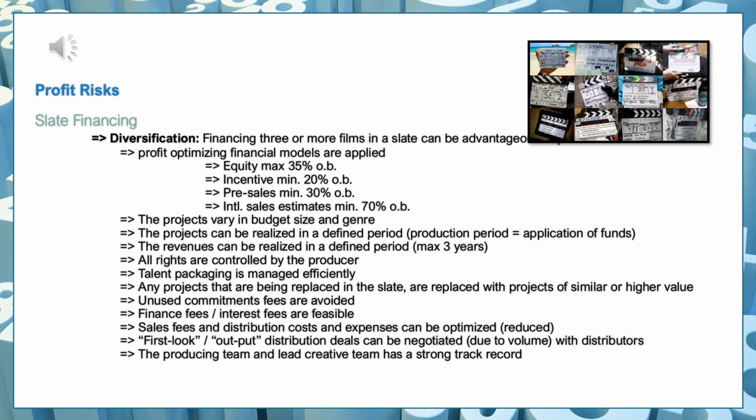So I can only put movies into the slate where I have total control over the film and the realization process. I would have to make sure that the talent packaging is managed efficiently as well. I cannot take years and years to package actors, which I've seen happen. So I have to have varied options for actors to be available for these movies and can be attached fairly quickly.